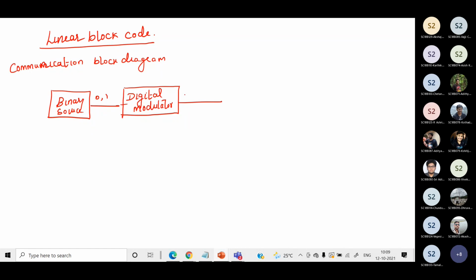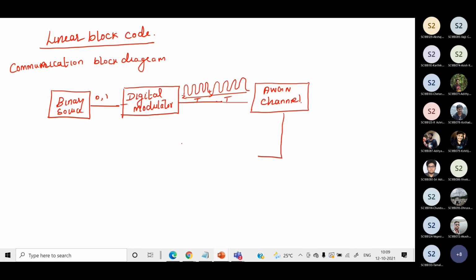Here you will get a time-limited waveform. If you are using BPSK, you will get a waveform like this for one particular T. For the next T, if you are again transmitting one, you will have a waveform like this transmitted from here. This will enter into your AWGN channel. At the receiver, what we are doing is the digital demodulator.